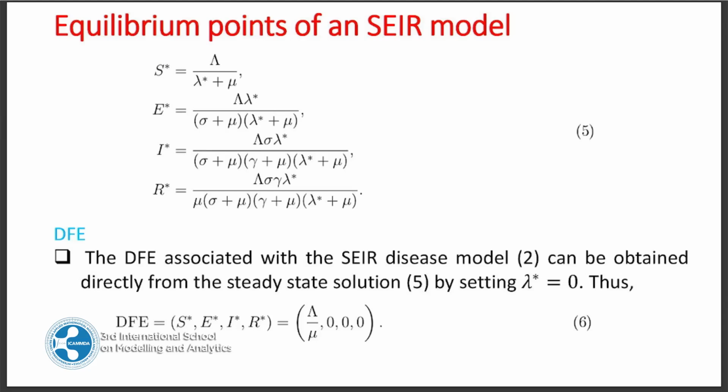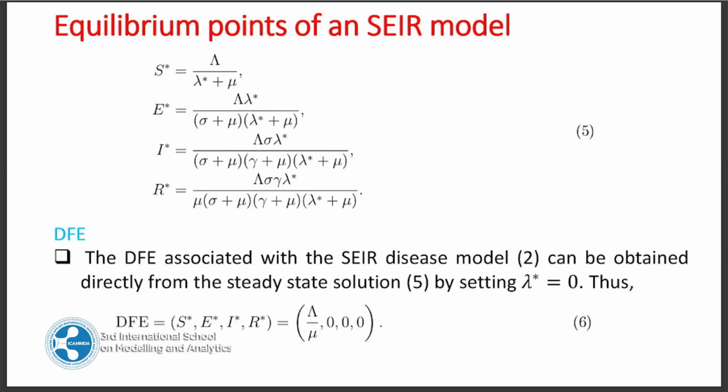The disease-free equilibrium associated with the SEIR disease model 2 can be obtained directly from the steady state solution 5 by setting lambda star equal to 0, right? Thus, the disease-free equilibrium is given by, from the first equation, if you put lambda star equal to 0, we are going to get lambda over mu.